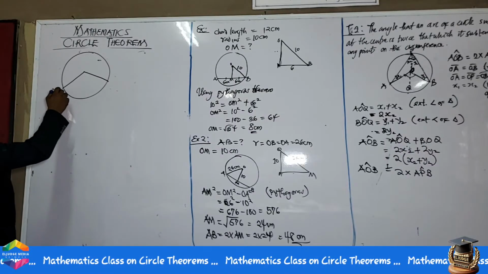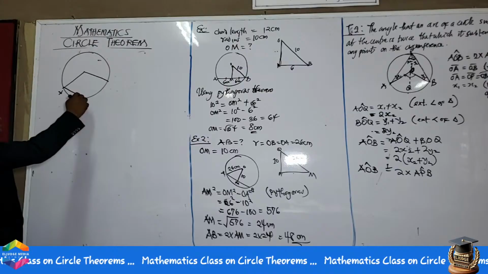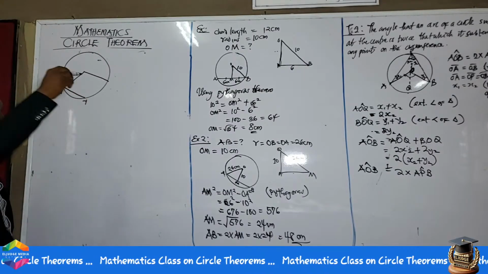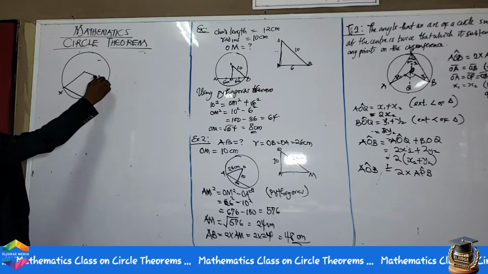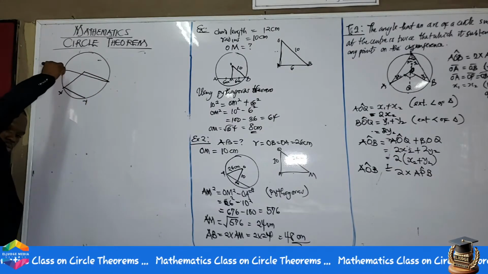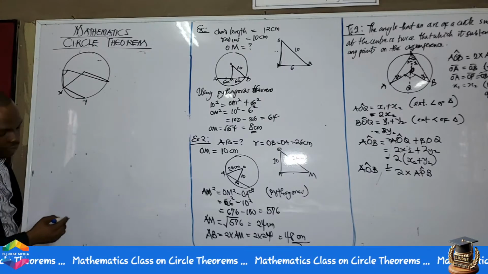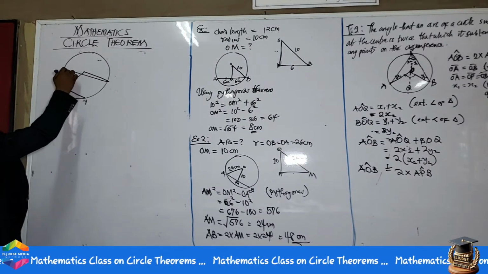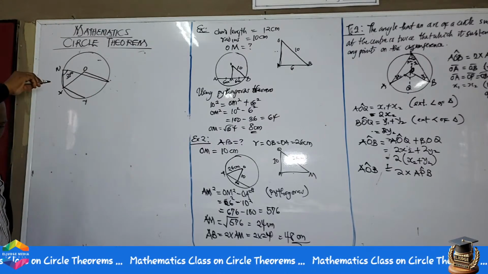We have X here, Y here, and Z, with 33 degrees. W is here, O is here, X, Y, Z.